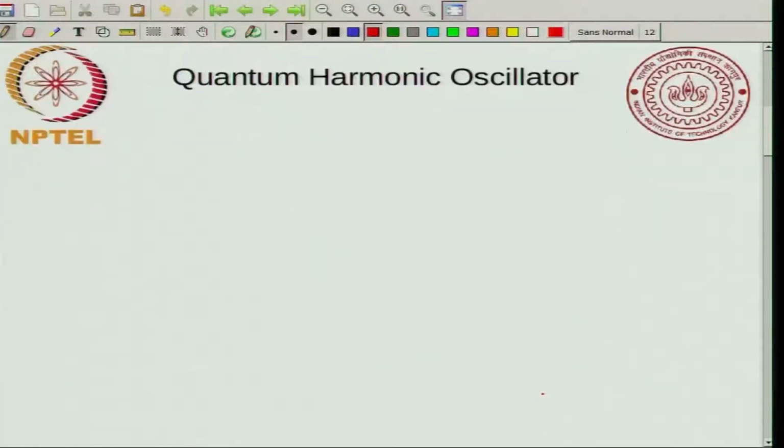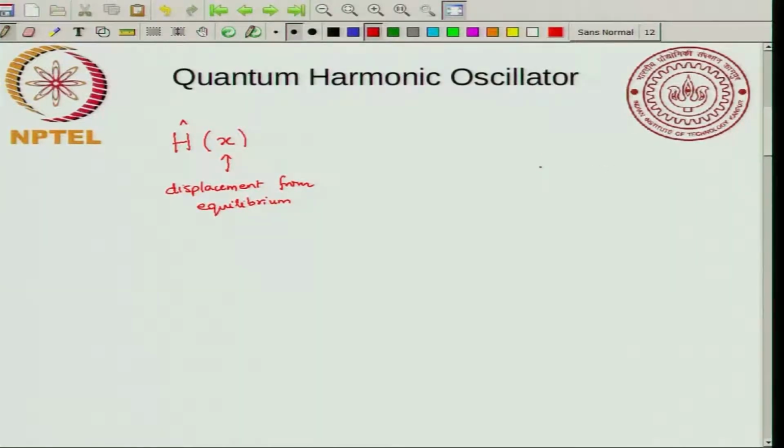Okay. So, now let's go to the quantum harmonic oscillator. The Hamiltonian operator depends on one coordinate x. x is the displacement from equilibrium.